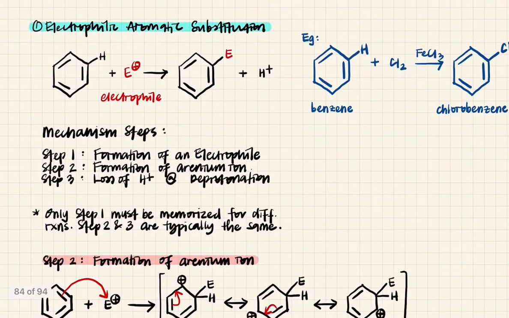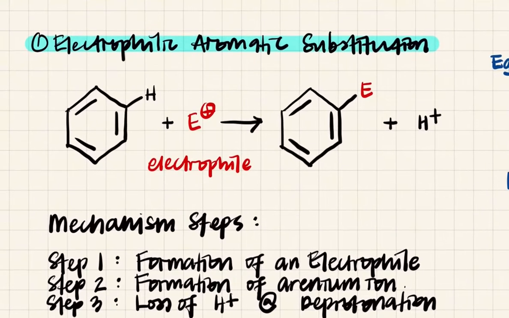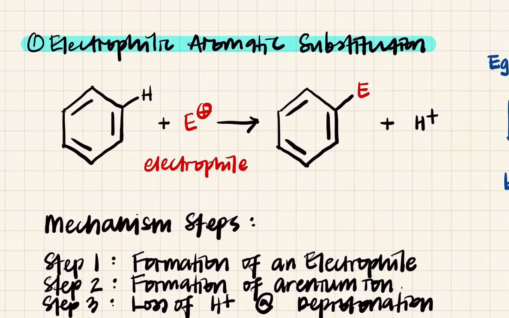Alright, so first things first, we're going to look at electrophilic aromatic substitution. Awak dah tahu what is electrophilic substitution. So electrophilic substitution is when, let's say here you have your nucleophile, which is your benzene, because benzene is very electron rich. And then you have your electrophile. Whatever electrophile, dia akan berubah-ubah mengikut reaction apa.